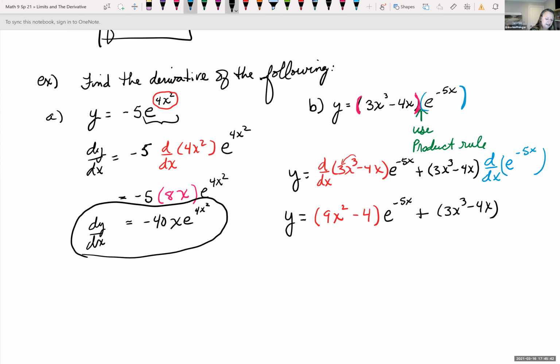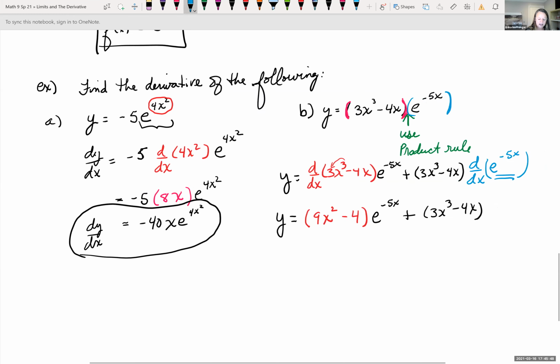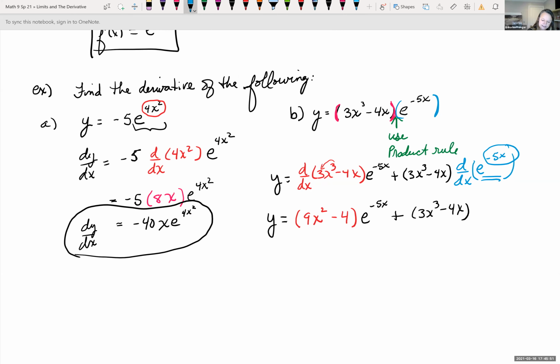Okay, so the derivative of the e function, we're taking the derivative of our exponent, the derivative of -5x, which is -5, times the original function itself, which is e to the -5x.